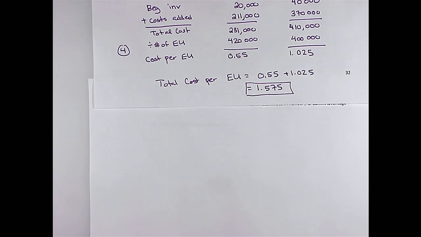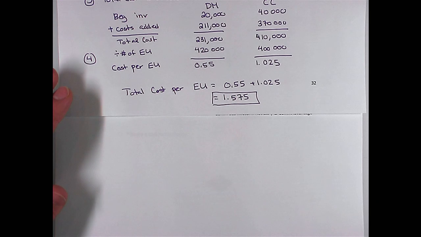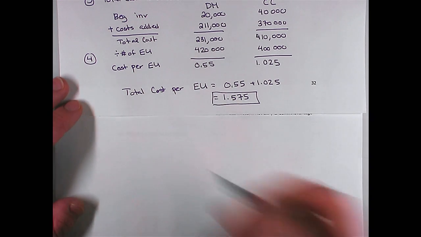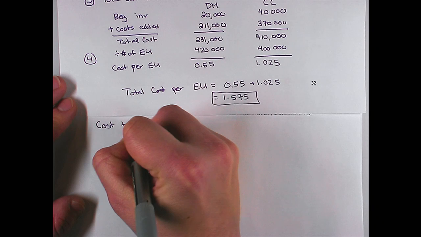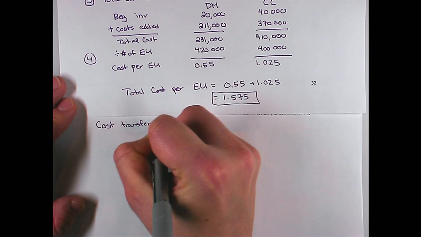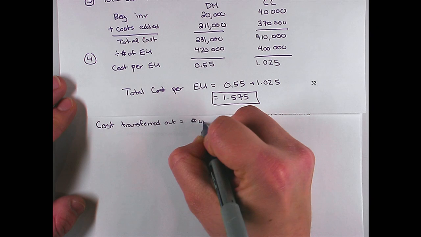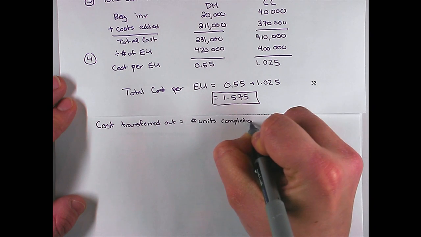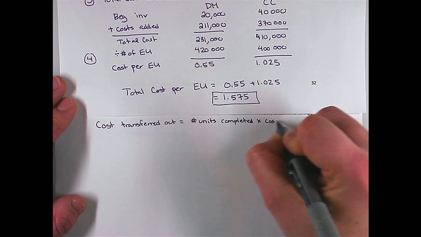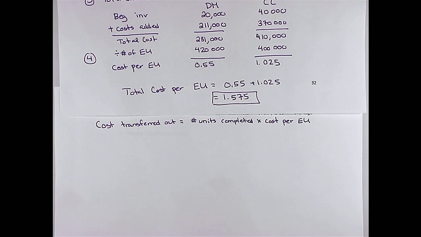So it asks us, we're going to figure out that cost transferred out, and then we're also going to do the journal entry for it. And so that cost transferred out, that number of units completed times the cost per equivalent unit.